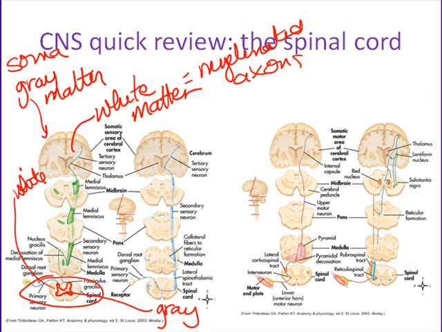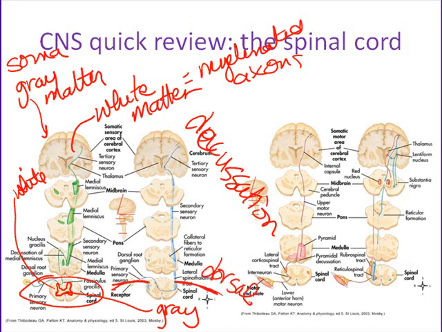And you'll remember that incoming sensory information into the spinal cord always comes in along the dorsal root of the spinal nerve, that's on the back side, and outgoing motor information is sent out along the ventral root of the spinal nerve. Now this is very similar to what we saw in the brain.